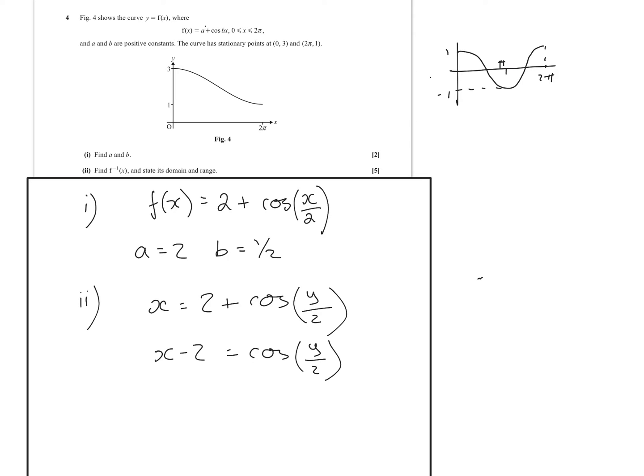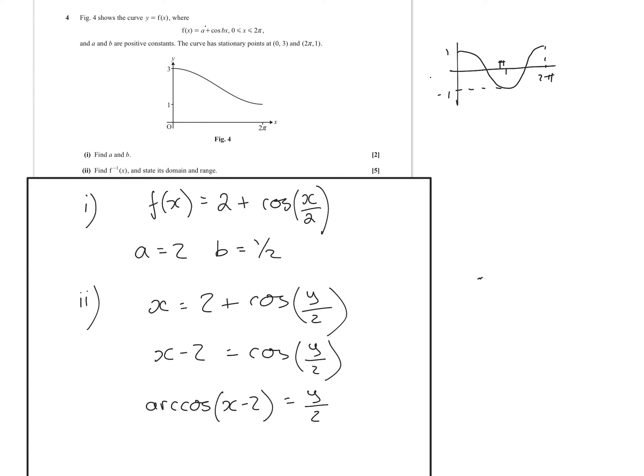This was where people went wrong, not everybody. What must be the next step? Somebody got it wrong, tell me. Arc cos, or cos to the minus 1 if you prefer that. Arc cos of x minus 2 equals y by 2, or in lots of your cases 2y.